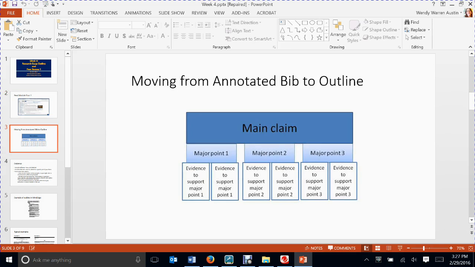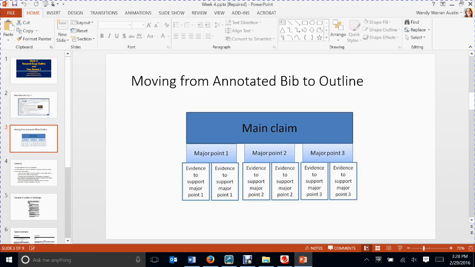Now, you're going to be moving from writing about specific things individually, which the annotated bibliography did, to writing about things together, meshing and synthesizing the information that you have. So this is a sort of visual of your thesis, then the thesis main points, and then the evidence to support major point 1 or 2 or 3, and those can indicate source information or reasons or points or something.